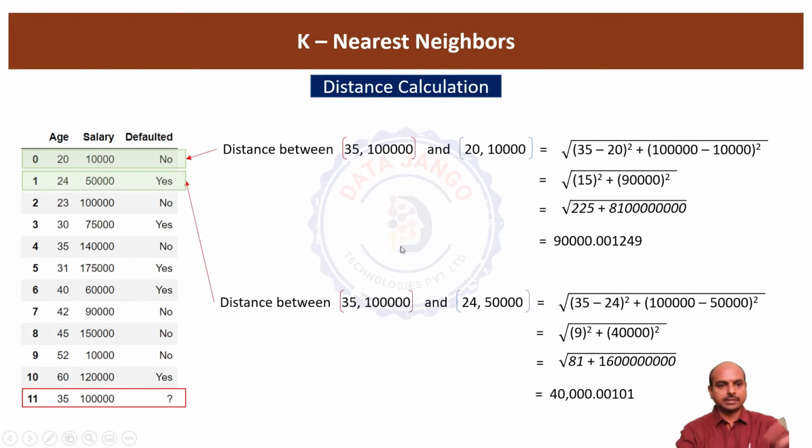If you look at this particular example, it took the new record and the first record and calculated the distance, right? 35 minus 20 squared plus 100,000 minus 10,000 squared, that is 15 squared plus 90,000 squared, under a square root, and we are getting about 90,000. So if you look at this, the outcome of the Euclidean distance measure is mostly close to the salary rather than the age, because the age number is very small when compared to salary.